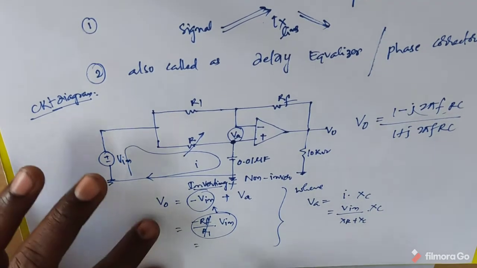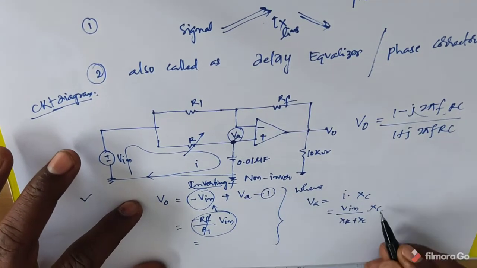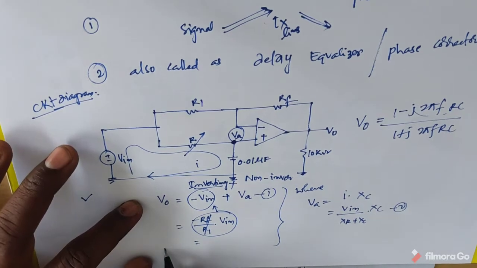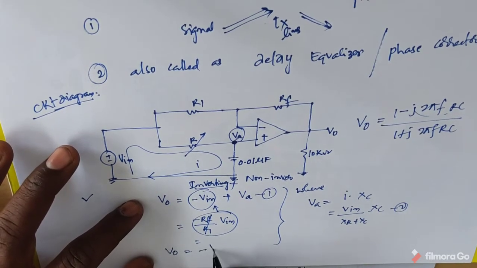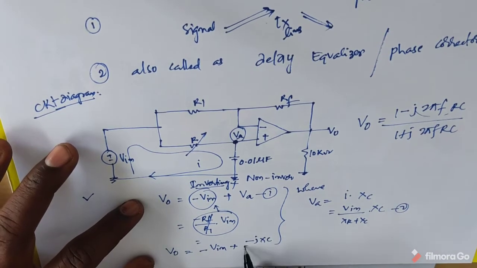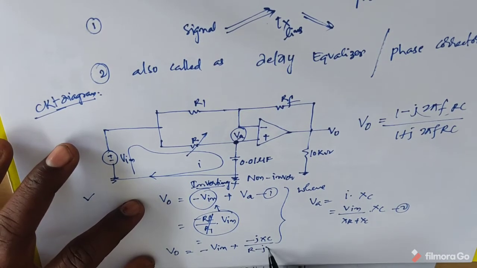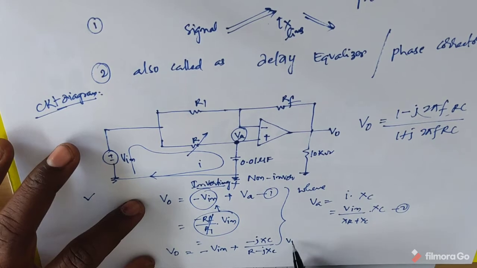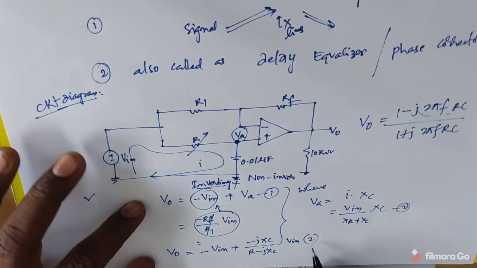After substituting, this is equation number 1, and this one is equation number 2. Then the final value is V0 equal to minus Vin into (minus jXc) by (R minus jXc), plus Vin into 2. What is meant by 2?